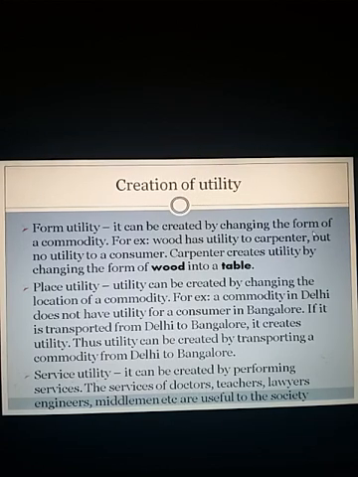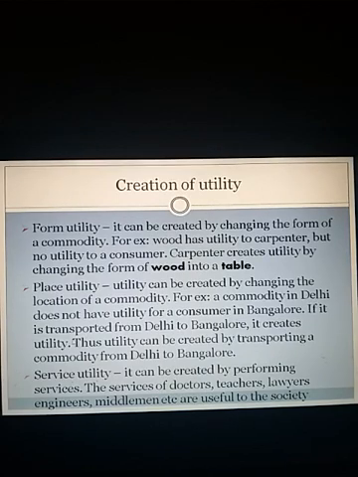Let us go to the second, place utility. Now observe the statement. Utility can be created by changing the location of a commodity. For example, a commodity present in Delhi does not have any utility to a consumer who is in Bangalore. Instead of Delhi and Bangalore, you can take any two different places, X and Y. The commodity is available in place X, but the consumer is in Y, and that product has no utility to him.